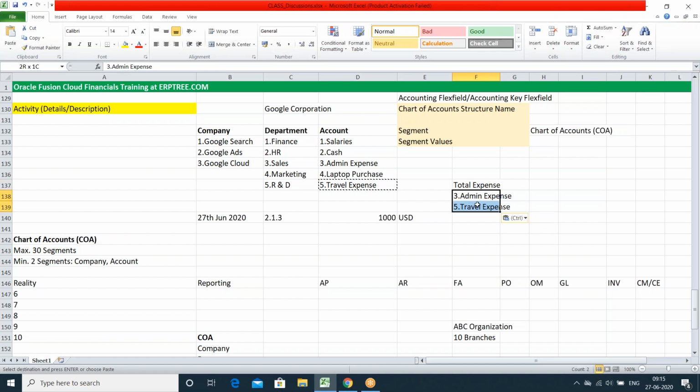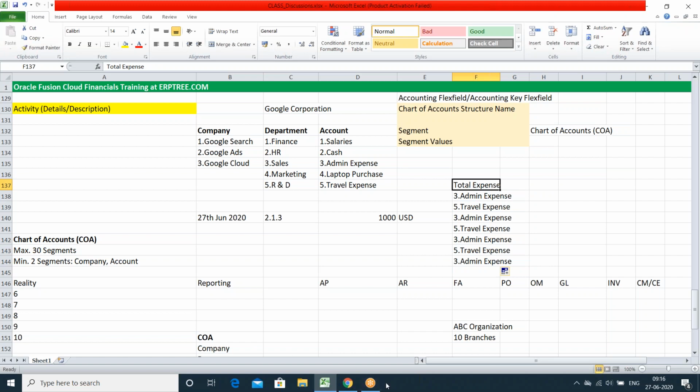You may have many accounts like this. For example, say you have 7 expense accounts. If you want to know how much expense you spent in this month using the 7 accounts, instead of selecting 7 accounts, if you select total expense, which is the parent, the system will display the total amount spent against these 7 accounts. That is the use of a parent account.